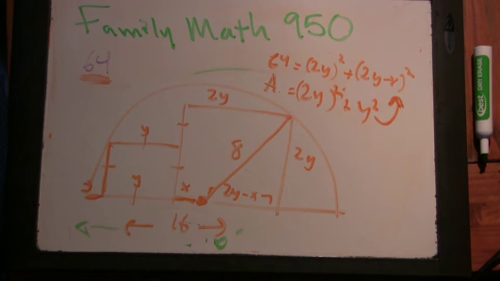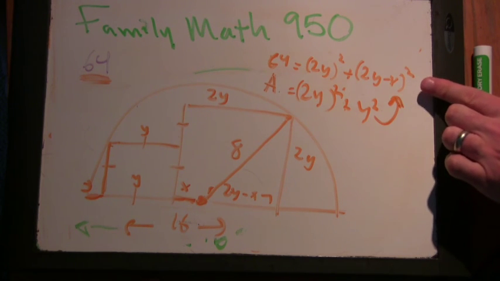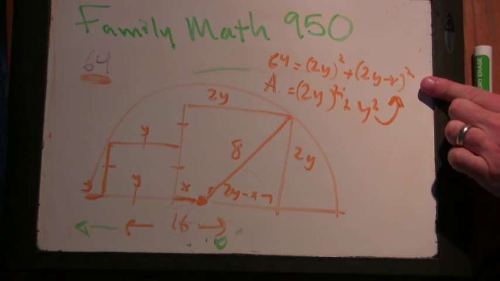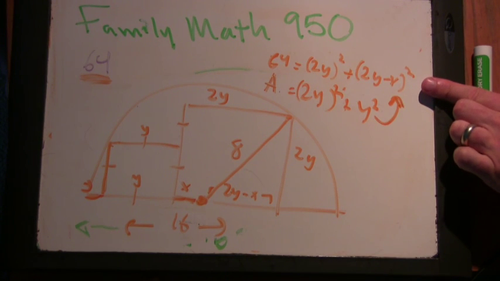We could try to get rid of some variables, like we try to get rid of x and just isolate y. Okay, so what's the problem though? What's the problem with trying to solve for y, just to isolate y in this equation? Well, there's no real way to get rid of the x squared. Okay, so the fundamental problem is, do you know what it is? We've got too many variables.